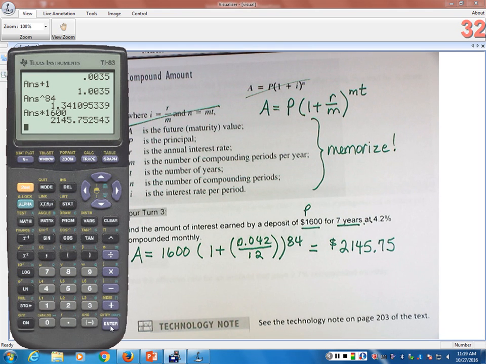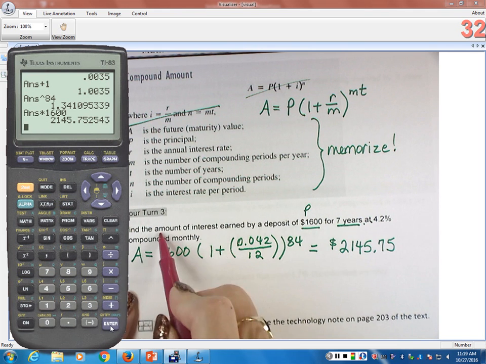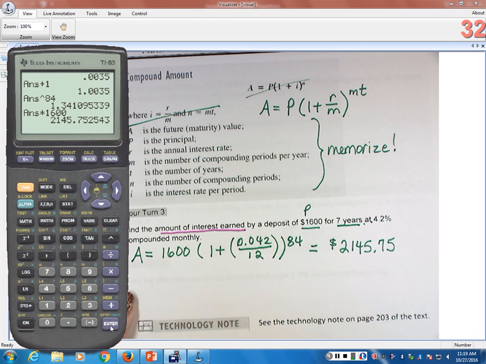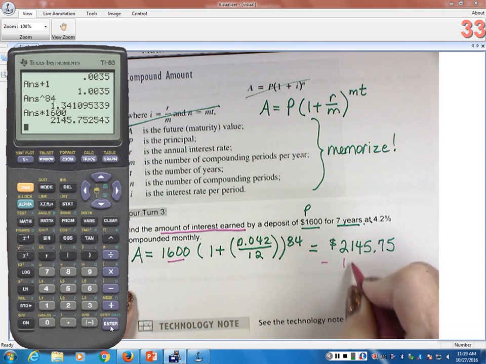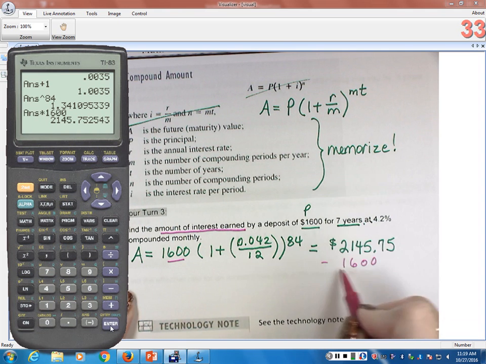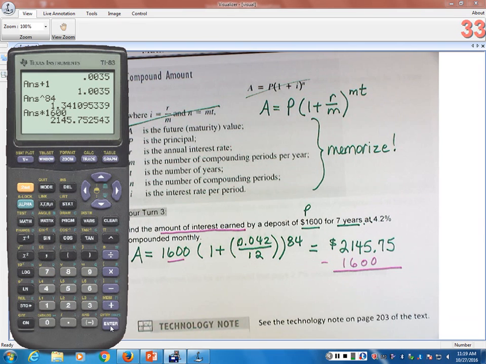But what they actually asked us was to find the total interest earned. So we need to subtract our 1,600 and find the amount of interest earned.